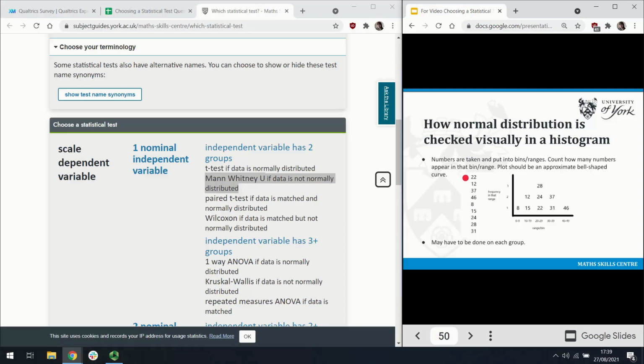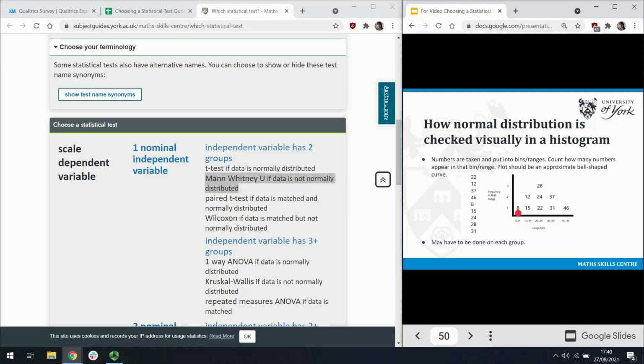What we do is we take these numbers and we put them into what's called bins, or what you might want to call ranges. Okay, so we've got these ranges along the bottom of the graph here. So 22 will go into the 20 to 29 range, 12 will go into 10 to 19, 37 goes here, 46 goes here, 8 goes there, etc., etc. Okay, so the computer is putting each of our data points into a bin or a range.